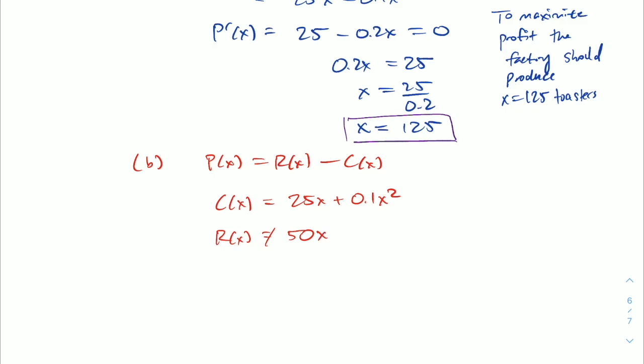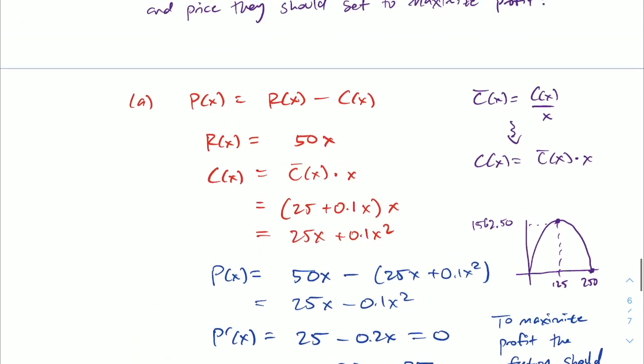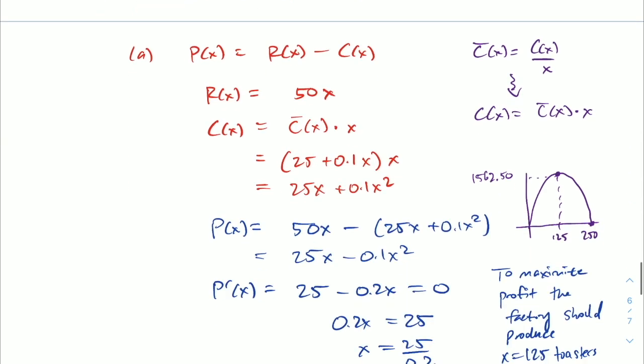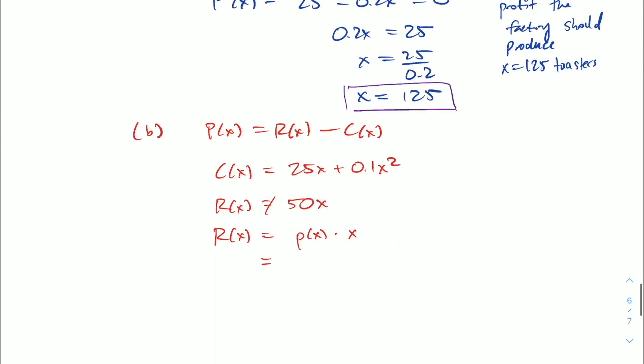The revenue is going to be the demand curve, the price curve, times x. And the price curve is this 100 minus 0.05x. So we're going to multiply 100 minus 0.05x by x, and we'll get 100x minus 0.05x squared.